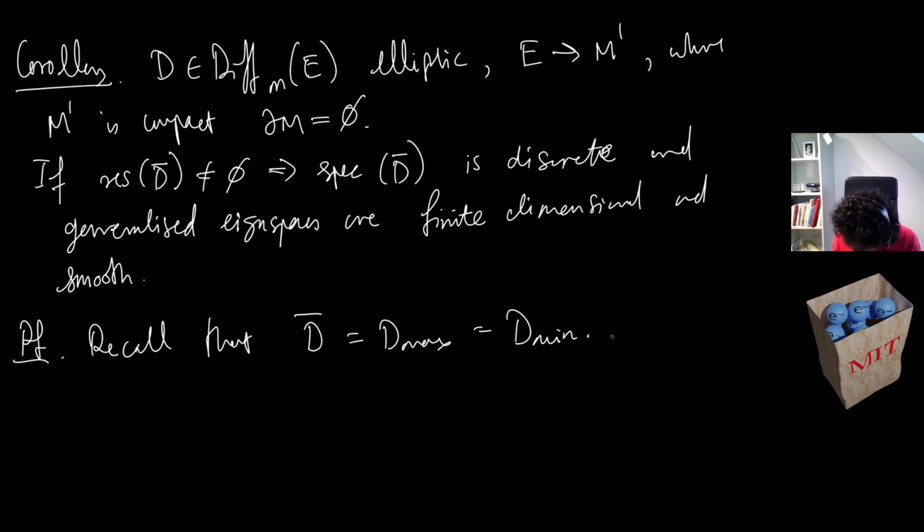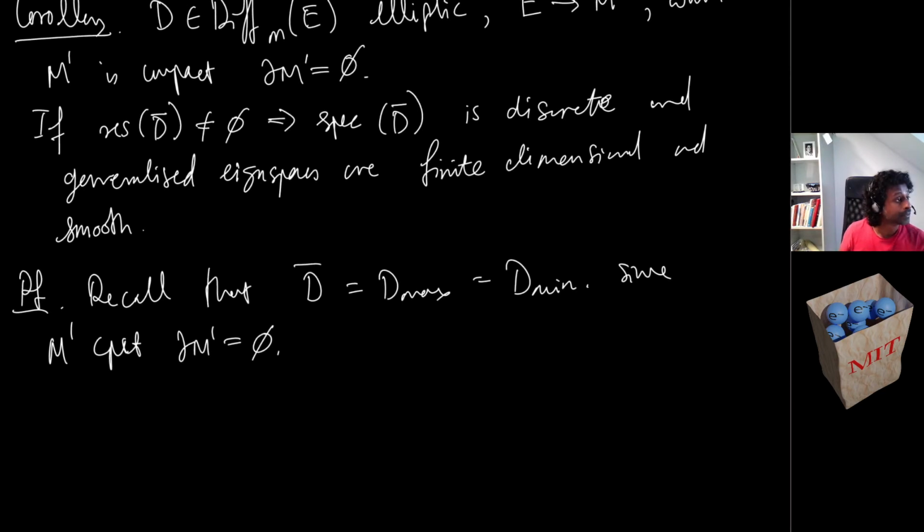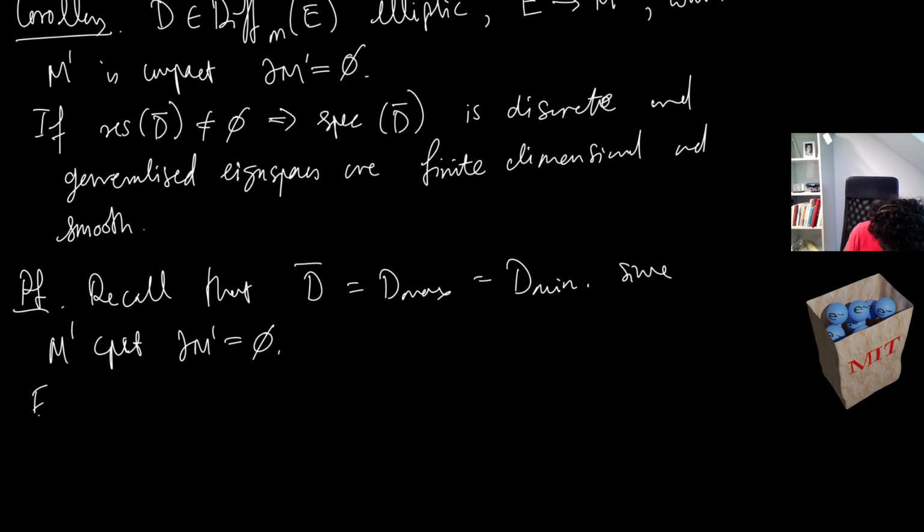Okay. So recall that this happens since M prime is compact without boundary, right? So maybe I'll write M prime there, without boundary, okay? And then elliptic regularity, this is a proof of the corollary.